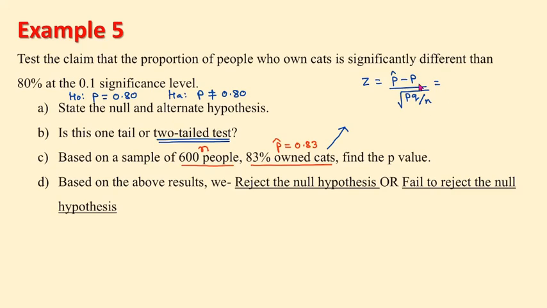Either way it works, in fact, because it's a two-tail test. So p hat is 0.83 minus p is 0.80, divided by the square root of p is 0.8. That means q will be 0.2 and the sample size n is 600.